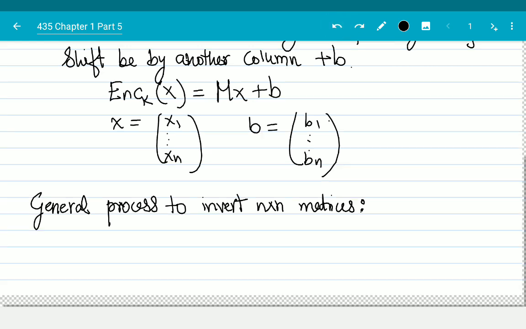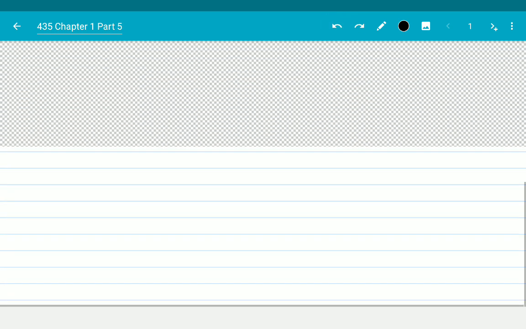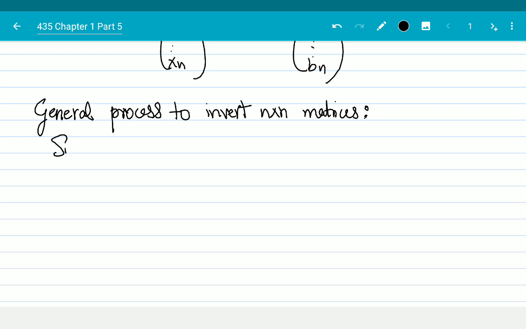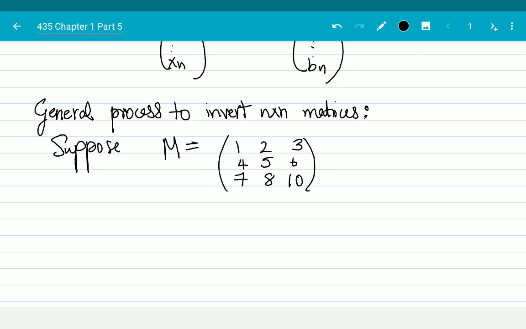So suppose, for example, m is equal to, let's say, 1, 2, 3, 4, 5, 6, 7, 8, and 10, because I want things to be invertible, right? And we are going to say n is equal to 26, so we are dealing with things mod 26.